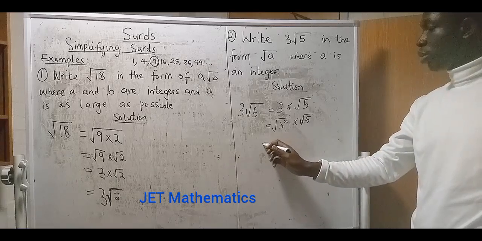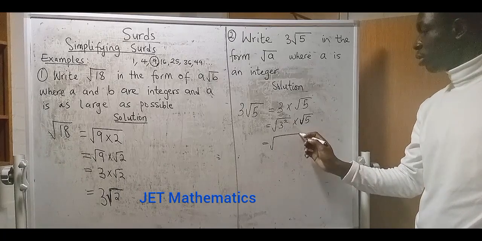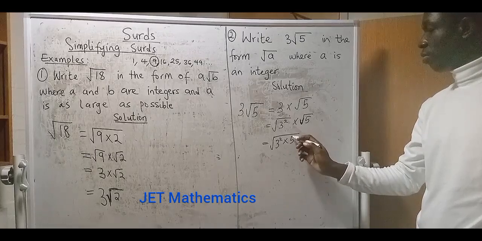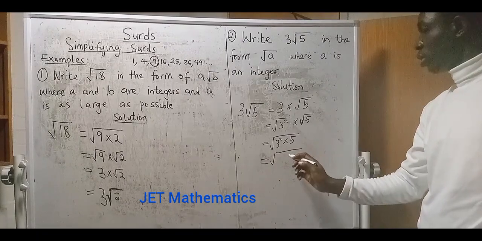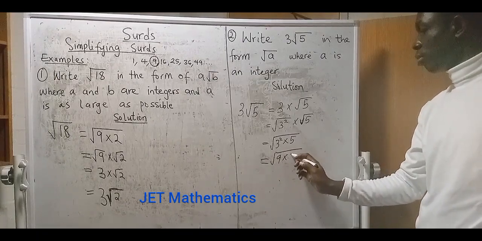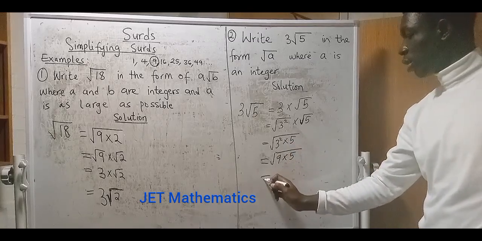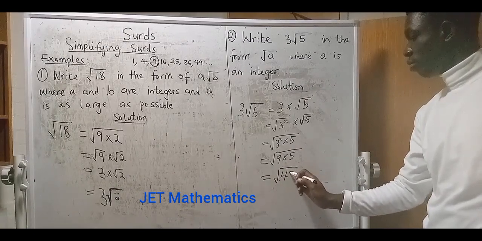So we can bring this together and have root 3 squared times 5, and that is equal to root 9 times 5, because 3 squared is 9, and that is equal to root 45.